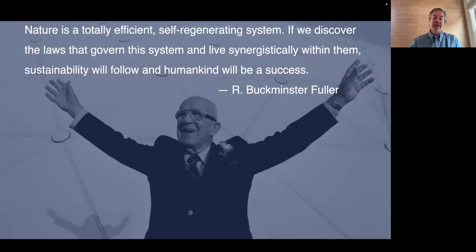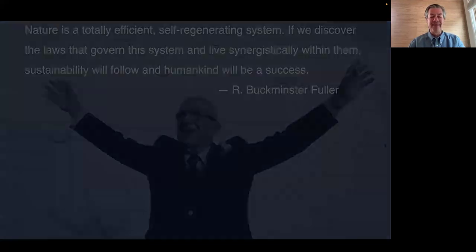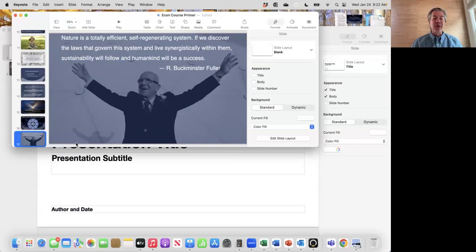And I was shocked to learn, after I had done a lot of this, Bucky Fuller, in his last short book, it was really his final message to humanity. It's a little book called Grunch. He wrote, and actually it was a critique of capitalism, interestingly enough. And he wrote that nature is a totally efficient, self-regenerating system.